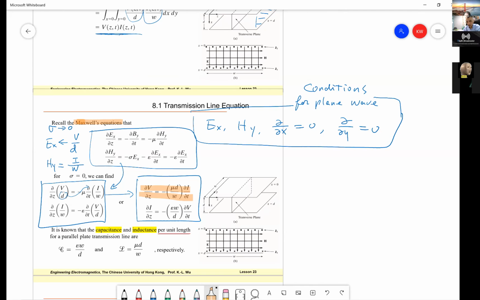That means, exactly, if we recall the definition of what is inductance, the voltage and the current related to inductance.